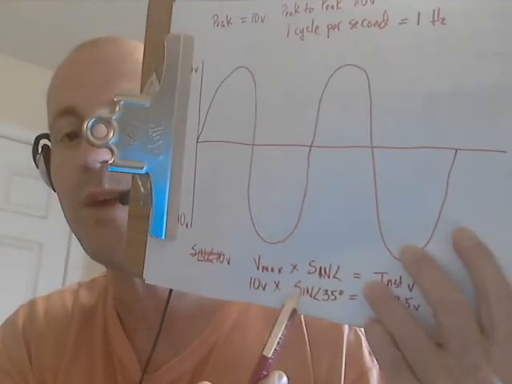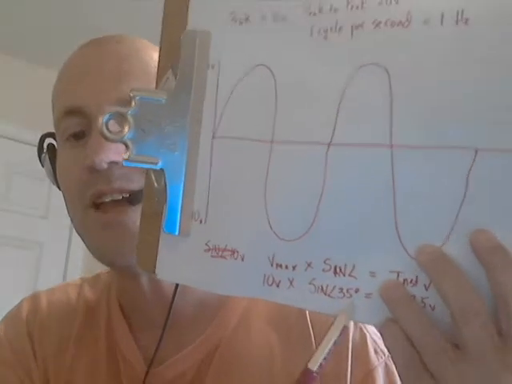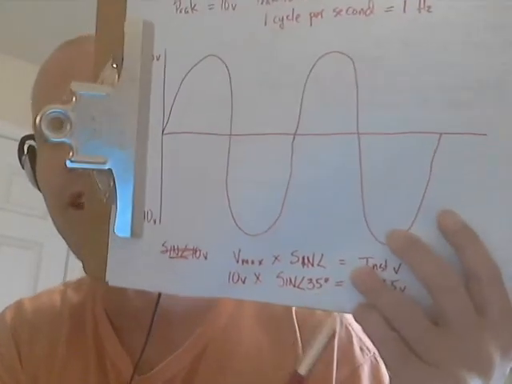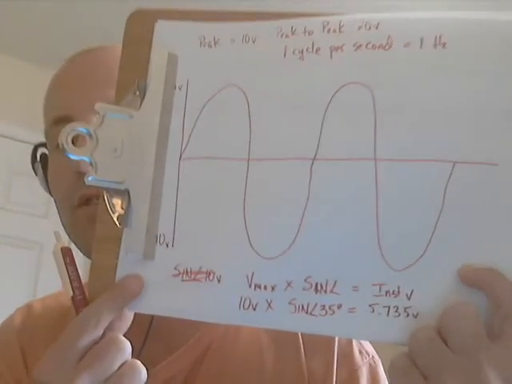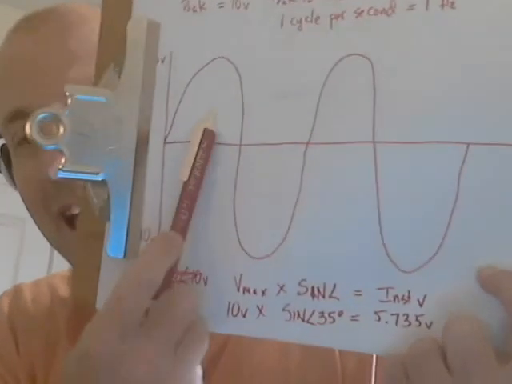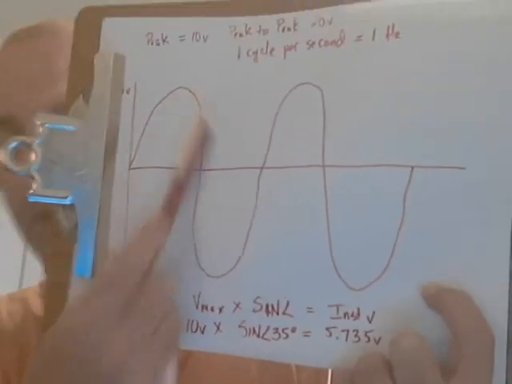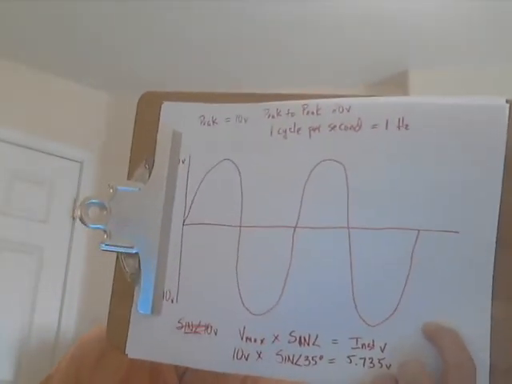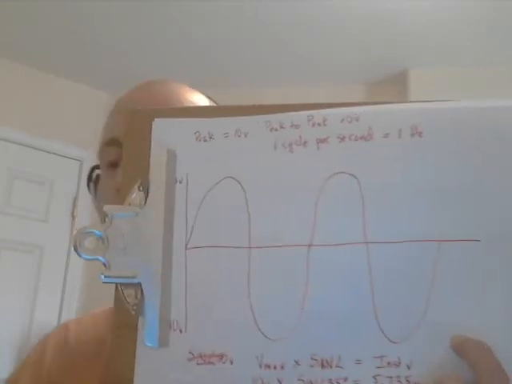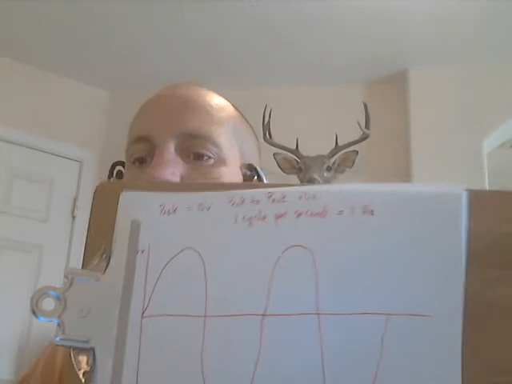Most calculators have a sine button, so you just punch in the sine button, and then you put in your angle of rotation, which in this case would be 35 degrees, and we come up with a voltage of 5.735 volts, which means that given a maximum peak voltage of 10 at 35 degrees of rotation, our generator is generating a voltage in the positive cycle of 5.735 volts.